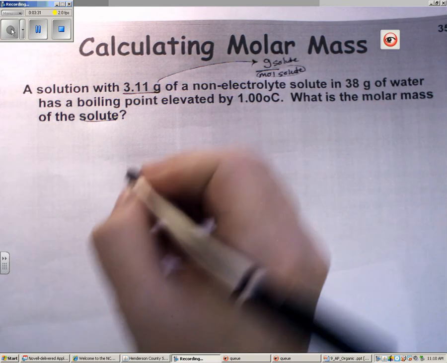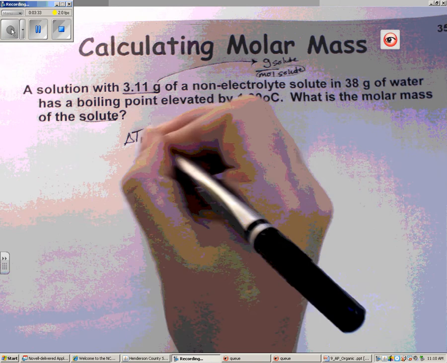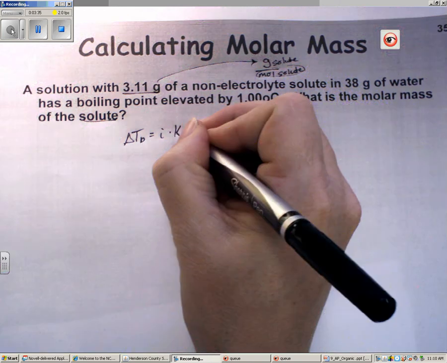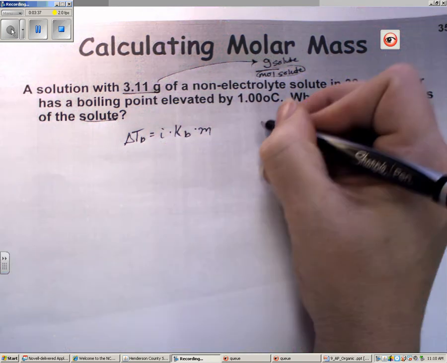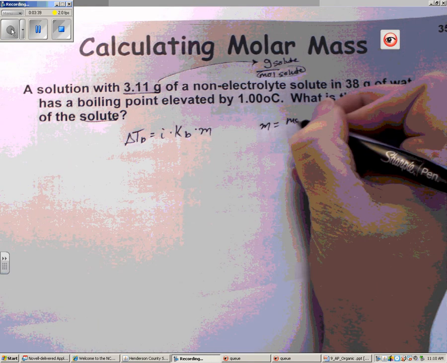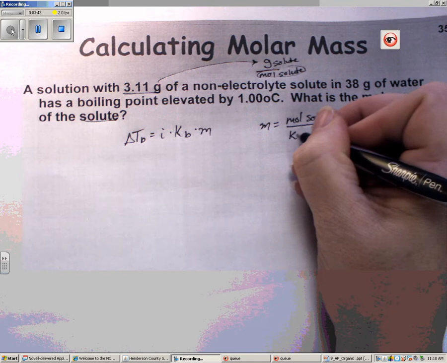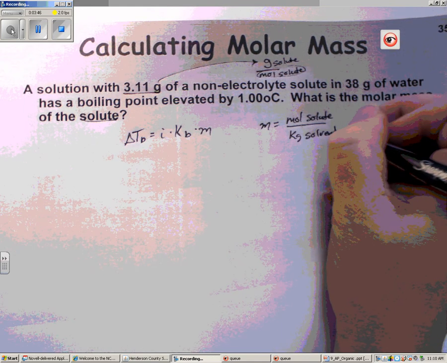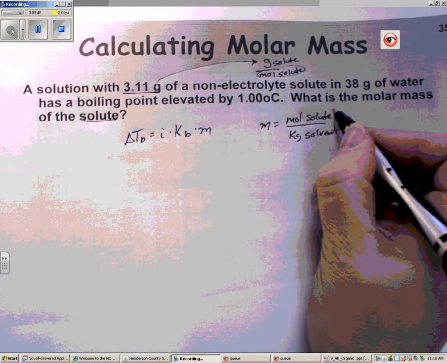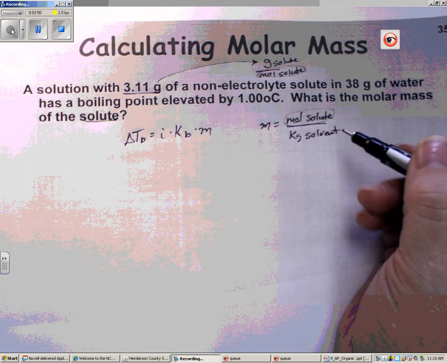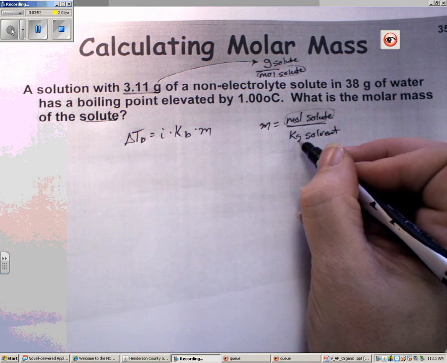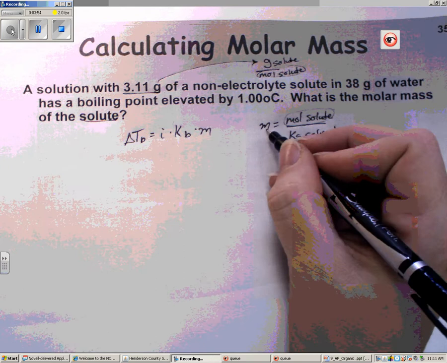Here we're dealing with boiling point, so ΔTb equals i times Kb times molality, and molality equals moles of solute over kilograms of solvent. We want our moles of solute because that's what we need to get our molar mass. In order to do that, I need both kilograms of solvent and molality.